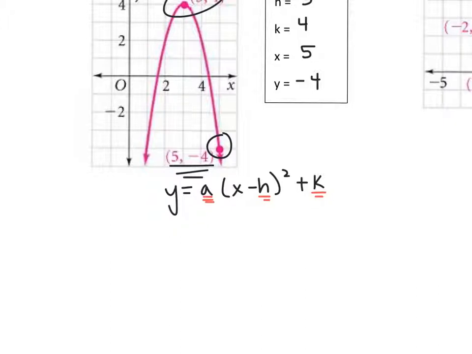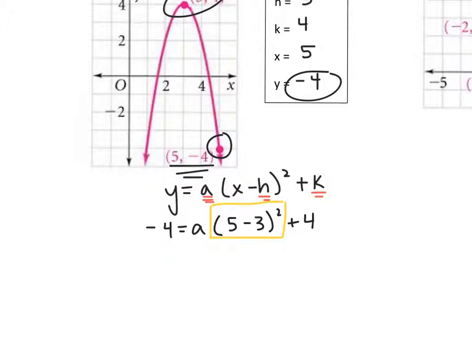So I'm going to substitute y, which is -4, equals a times (x, which is 5, minus h, so -3) squared plus 4. So now I'm going to simplify this, and I'm going to do 5 minus 3 squared, so that's 4, because 5 minus 3 is 2, 2 squared is 4, so it's going to be -4 equals 4a plus 4.